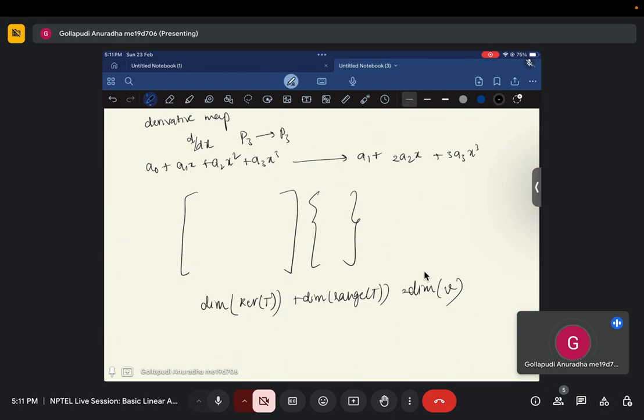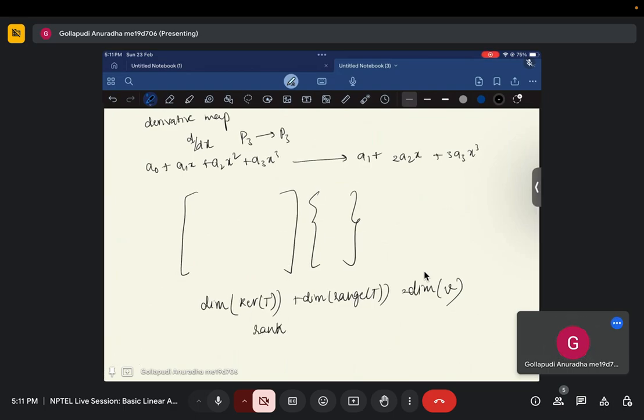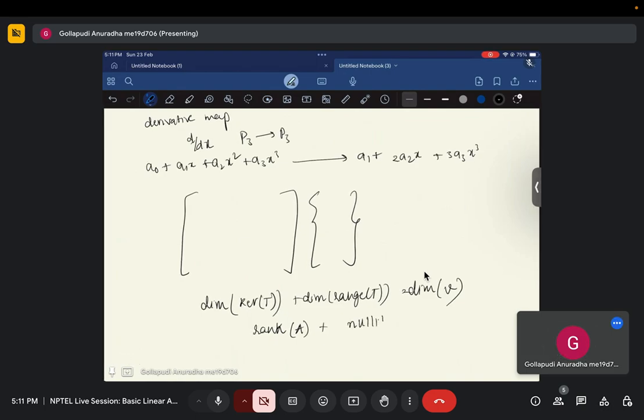The same as whatever we have, like rank of the matrix plus nullity. Nullity of matrix A plus rank of matrix A will give the number of columns, right?